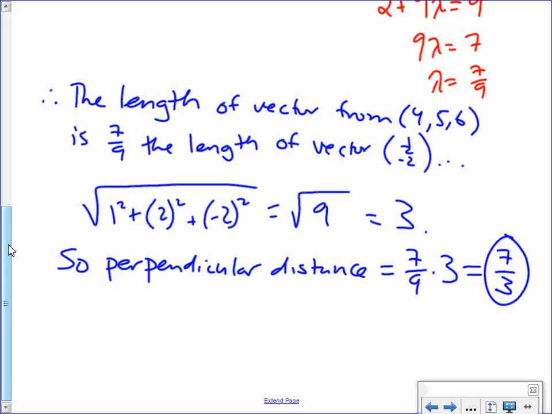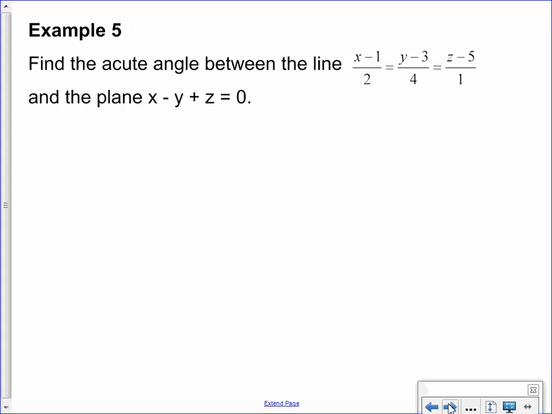Let's find angles. I love this one too. Here we go. Find the acute angle between the line and the plane. What's the direction vector?